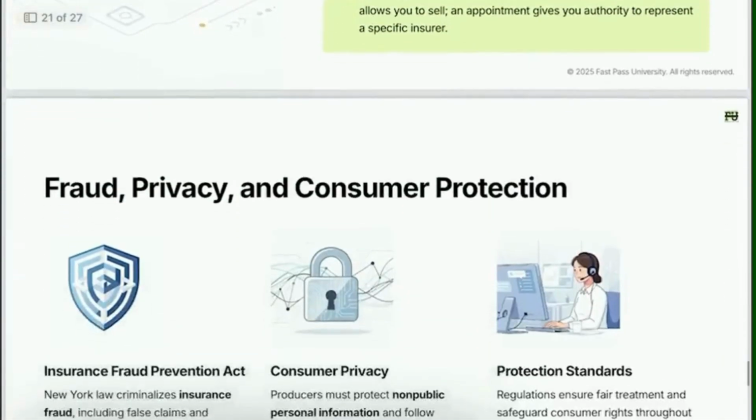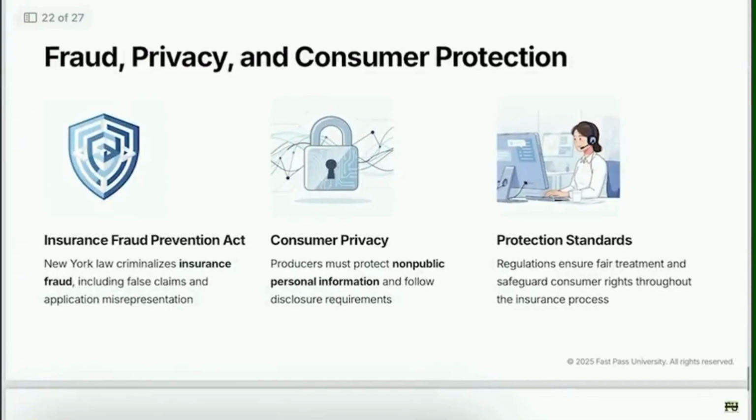All right, fraud, privacy, and consumer protection. Insurance Fraud Prevention Act. You need to know this. The New York law criminalizes insurance fraud, including false claims and application misrepresentation. So the New York Insurance Fraud Prevention Act is the title of the act that criminalizes fraud.